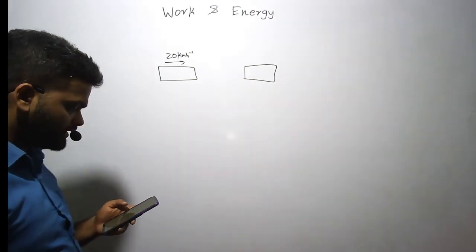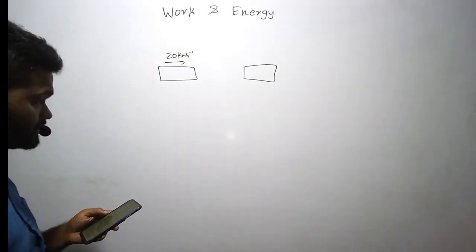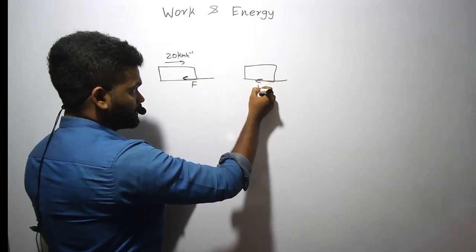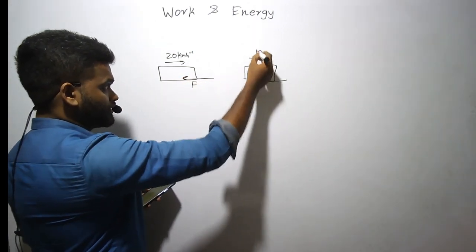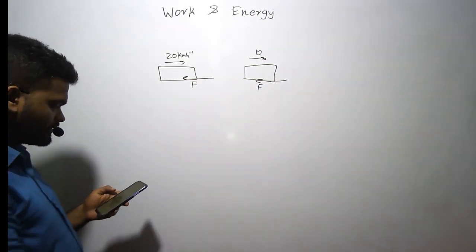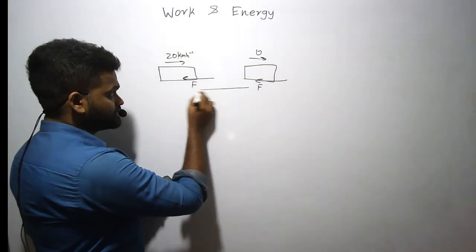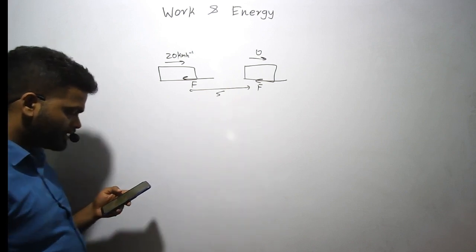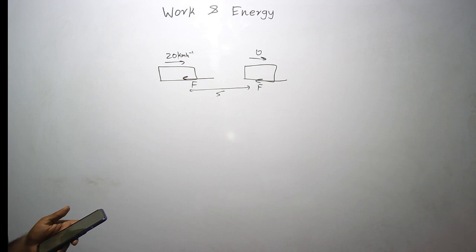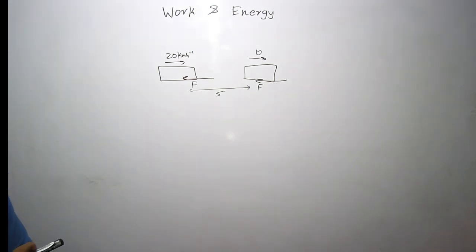A bus moving at 20 kilometers per hour stops under a constant resistive force. Moving distance is S. It is a similar question, right?